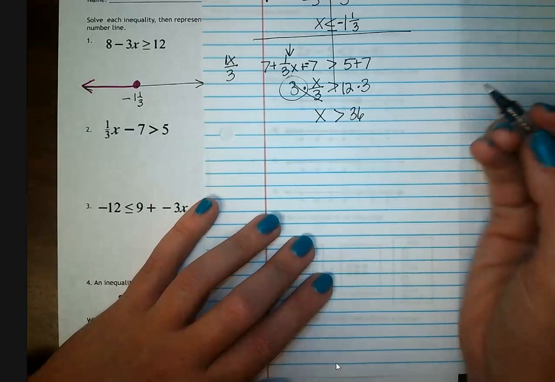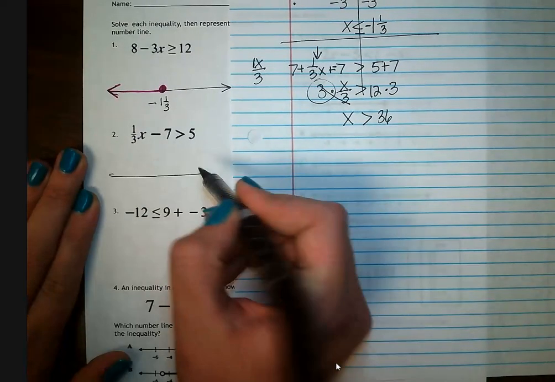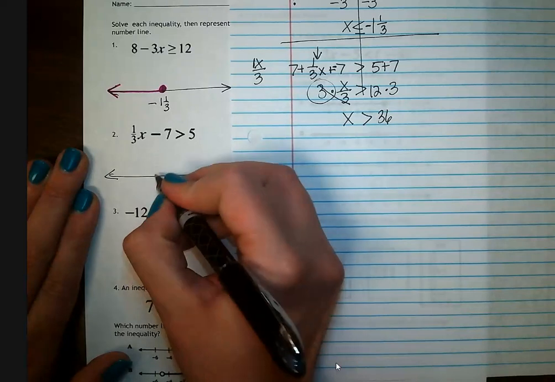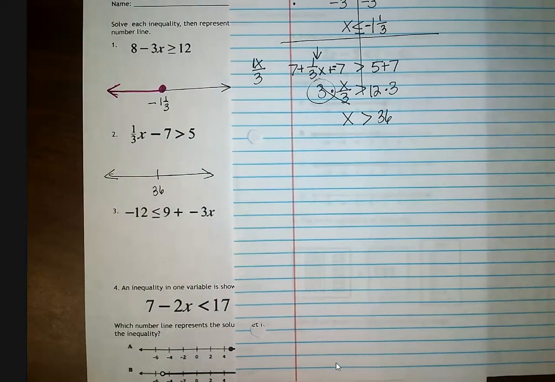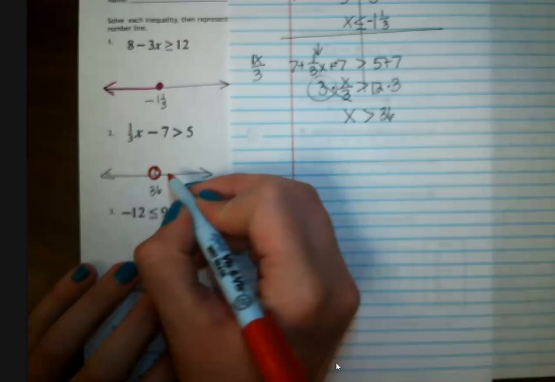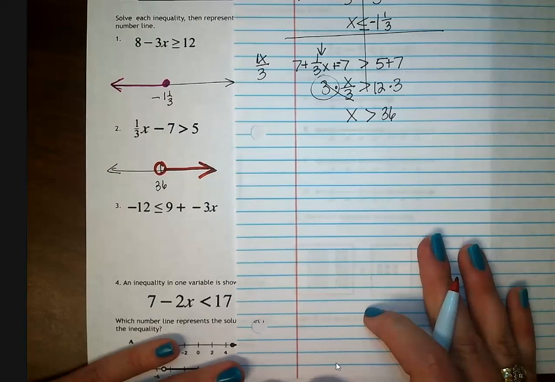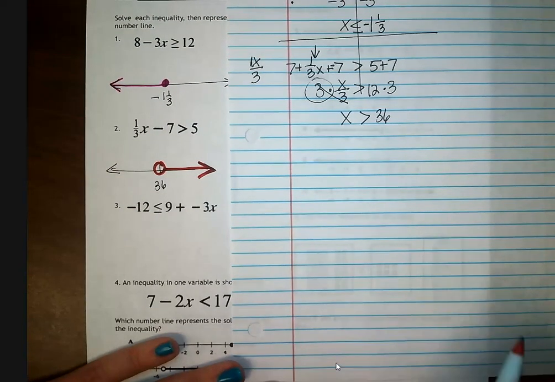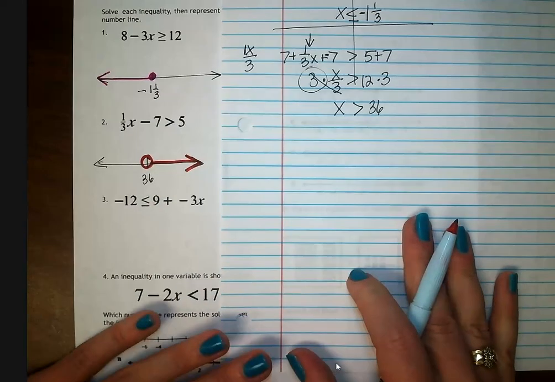Our coefficient was positive. Over here, when I represent, x is greater than 36. So if it's greater than 36, it's going to be an open circle, and greater than goes to the right. Again, we can kind of get rid of some things sometimes just by knowing that it's an open or a closed circle, and we'll look at that in just a moment.